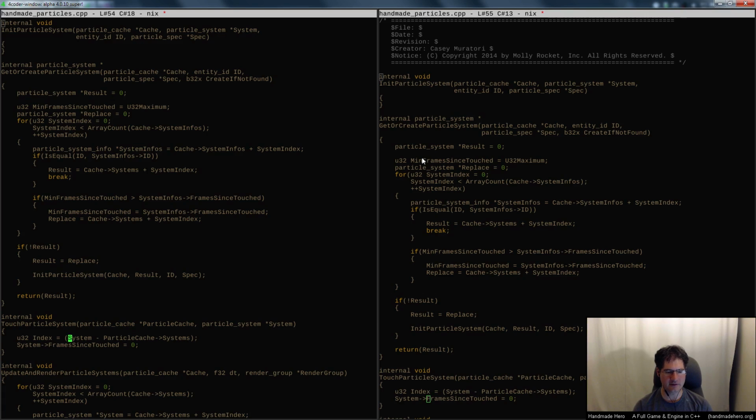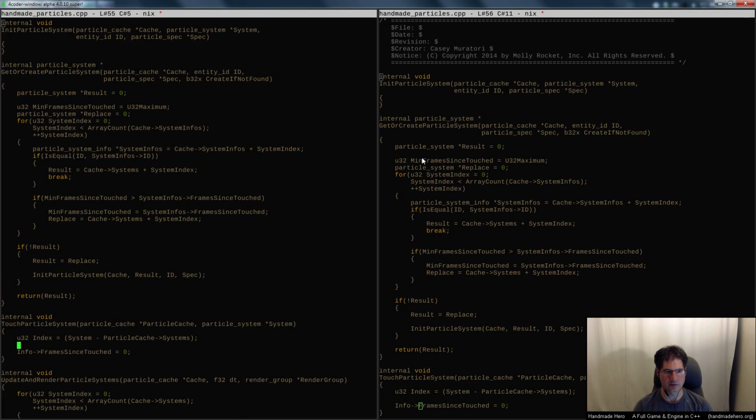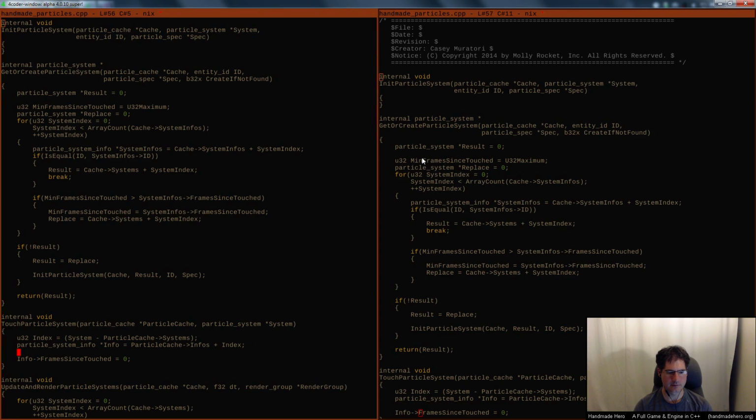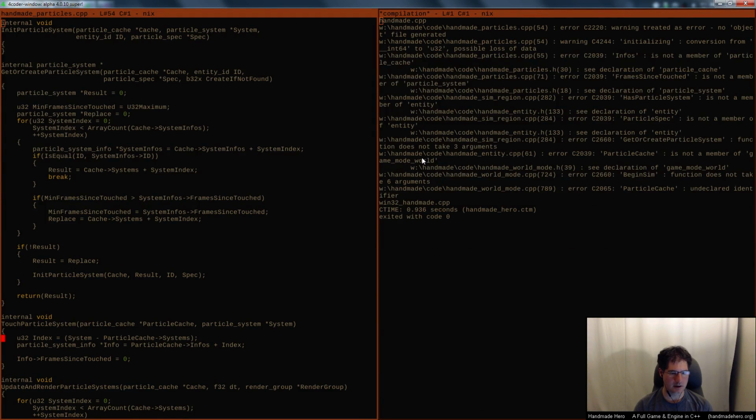So I'm going to say that's the offset, right? And then if I want the info, I can just do particle system info equals particle cache infos. So yeah.